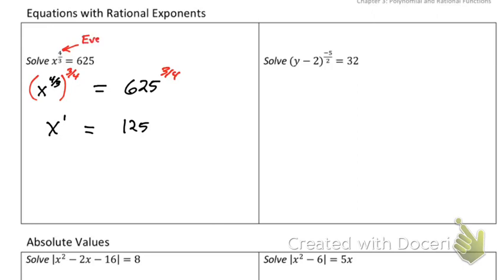If you have an even numerator, you have to use positive and negative. Even numerator means positive and negative. So that would be positive and negative here, which means we're going to have positive and negative here.